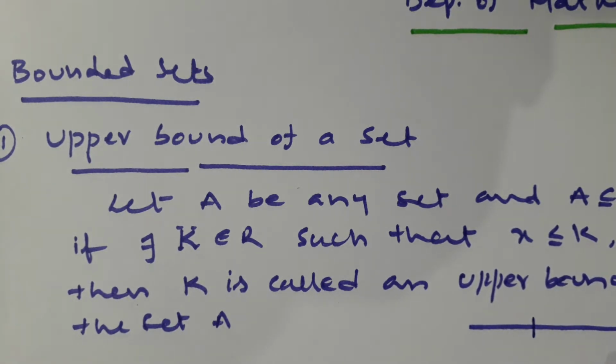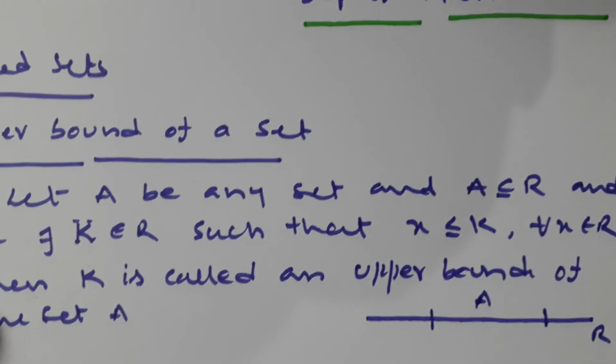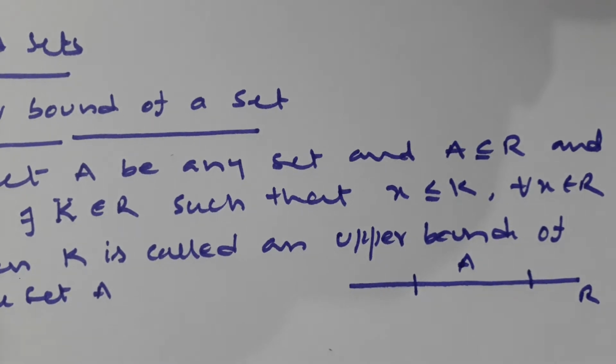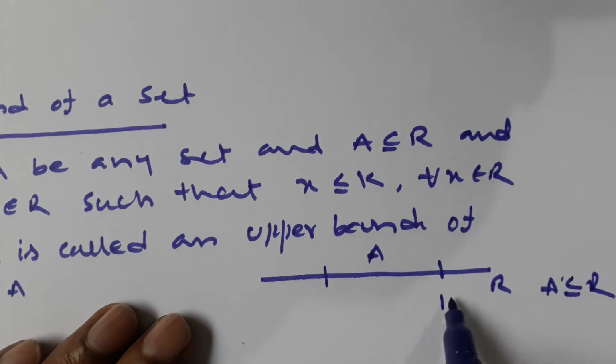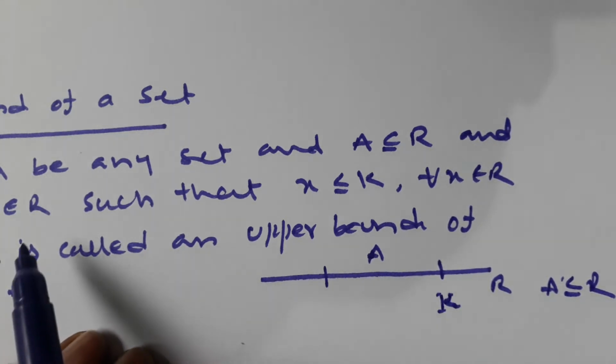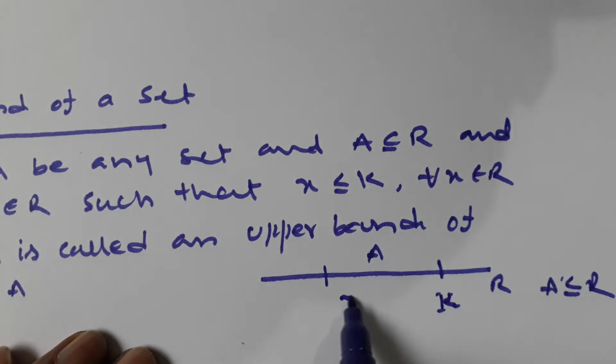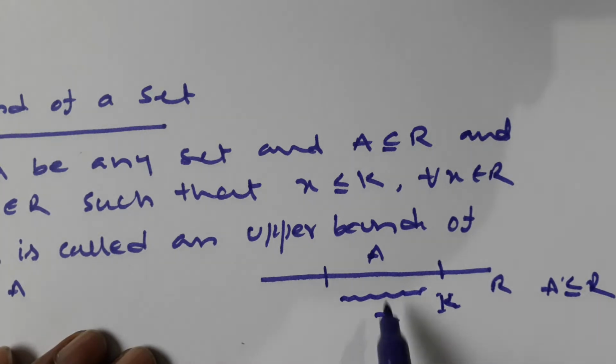This is the set A, so that A is a subset of R. So here, there exists capital K belongs to R, and all X values must be less than or equal to K. These are the X belongs to A, and all X values of A are less than or equal to K. Then K is the upper bound of the set A.